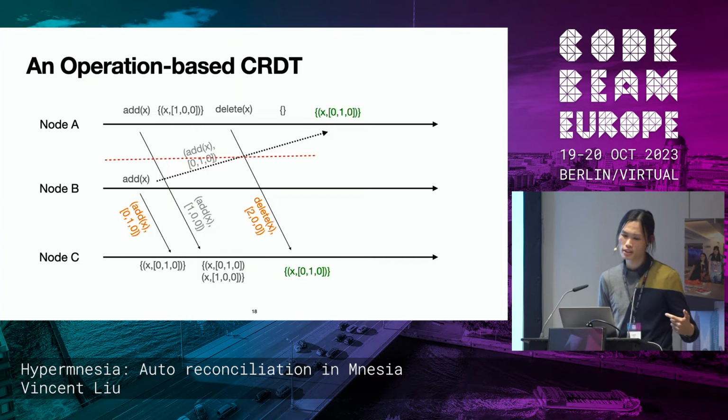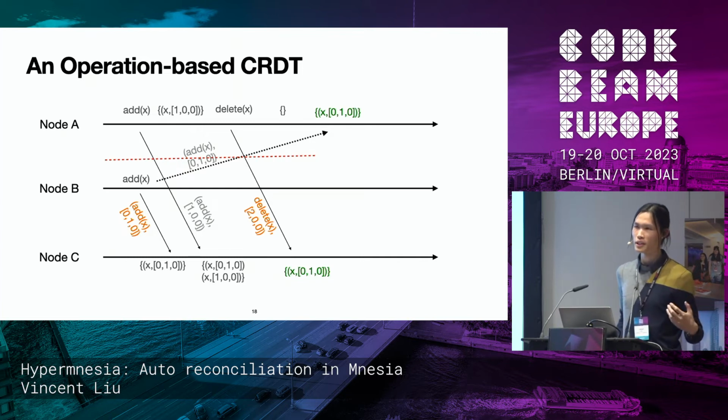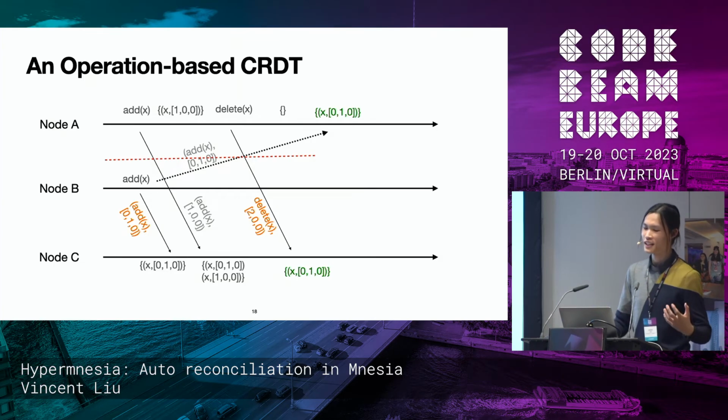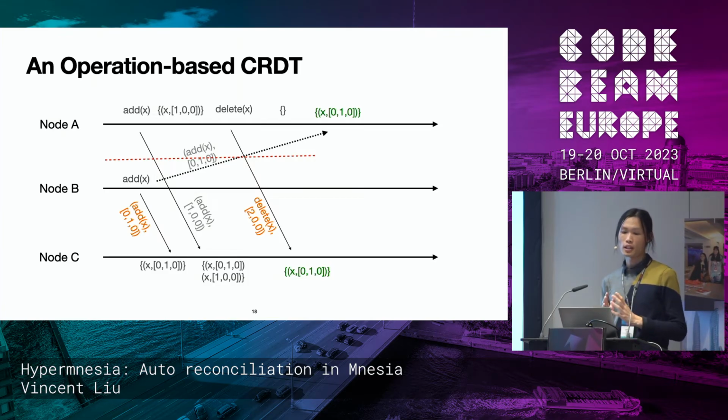So it's not able to delete the add of x from B. Very loosely speaking, this is because a deletion is only able to delete something that's related to itself. That's a hand-wavy way of describing causal relationship, but again, the high-level idea is we keep this extra metadata so that we know exactly what we need to do to keep these nodes in a consistent state.